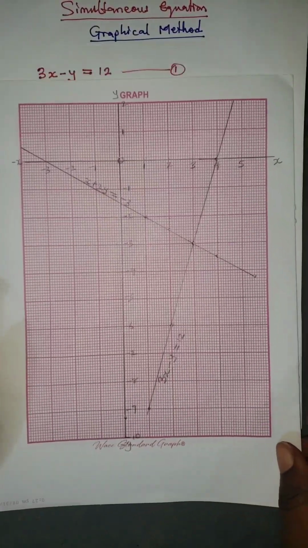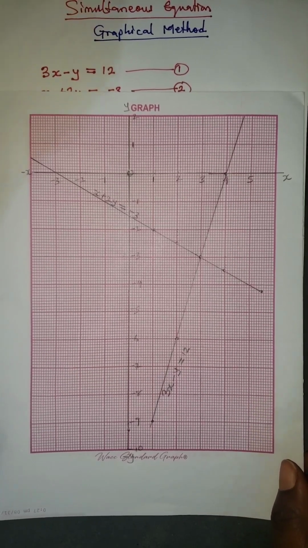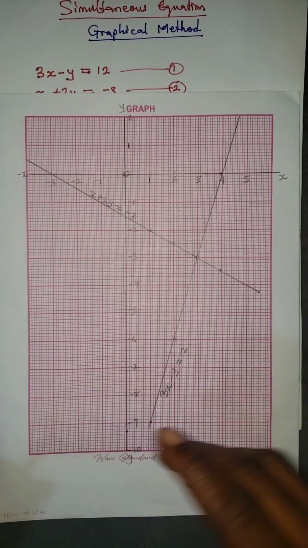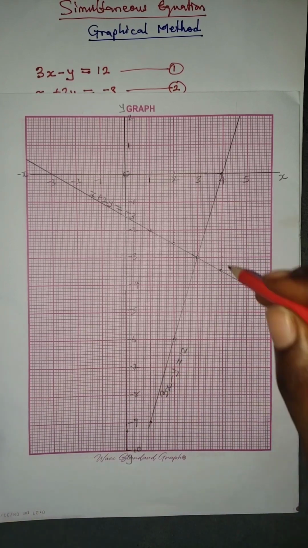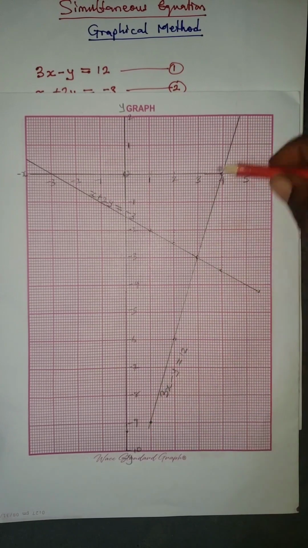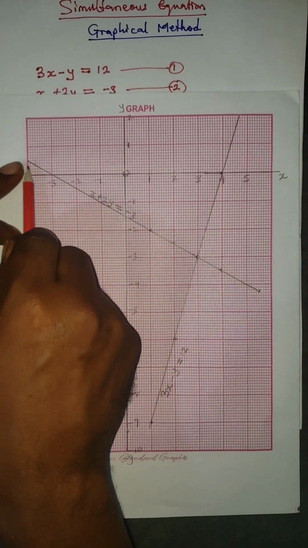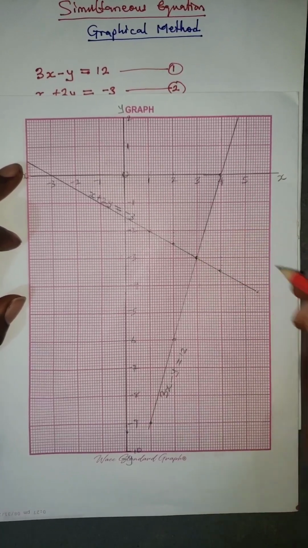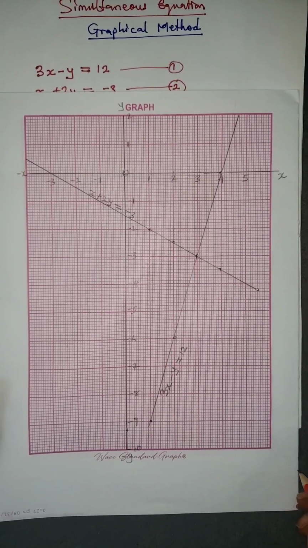Remember, the topic is the graphical method of solving simultaneous equations, that is, linear simultaneous equations. When you have plotted the first line and the second line, the point at which the 2 lines meet is where our solution lies.